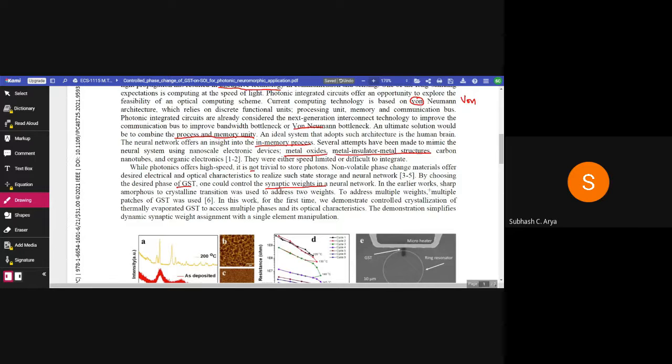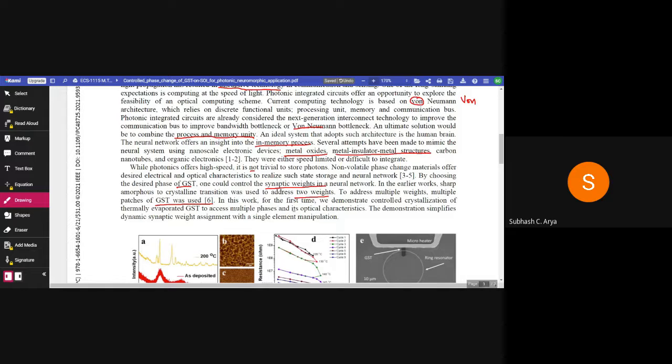In the earlier works, a sharp amorphous to crystalline transition was used to address two weights. To address multiple weights, multiple patches of GST were used.